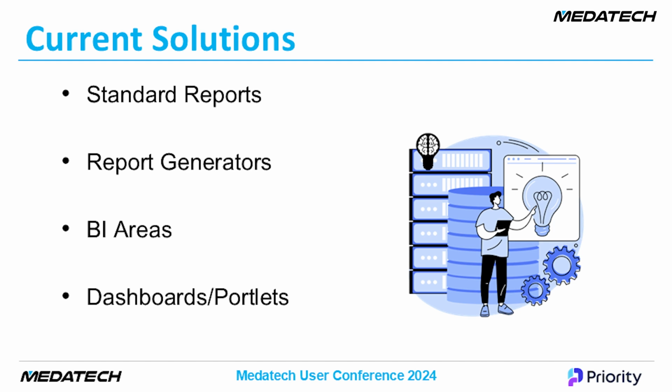And then we also have our dashboards and our portlets, and they're on our front screen, and they show us data within the software directly from our front screen, so we don't even have to interrogate the data. We can see it in bar charts, and then we can drill into that information and see where it comes from. So that's what our current standard solutions are.